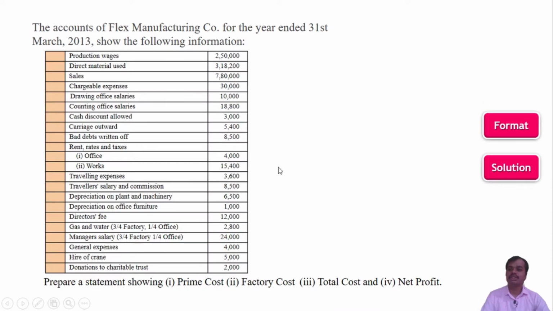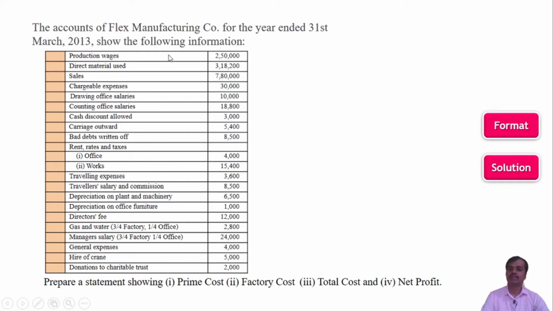The problem is: the accounts of Flex Manufacturing Company for the year ended 31st March 2013 show the following information. In this problem, the information is given regarding manufacturing expenses of the product.